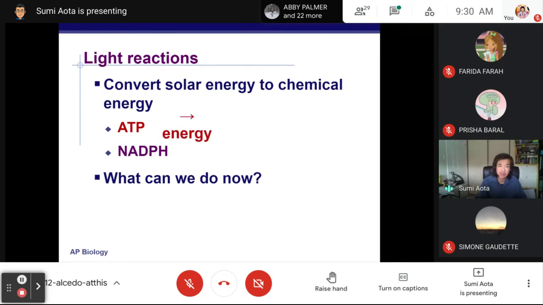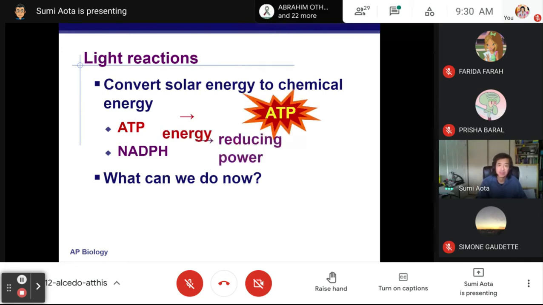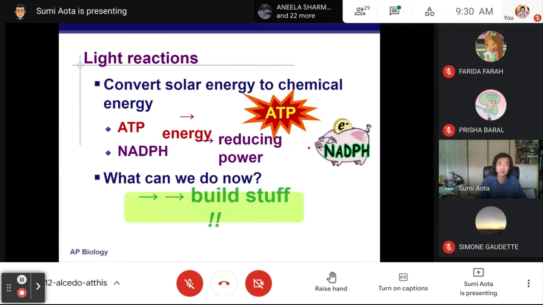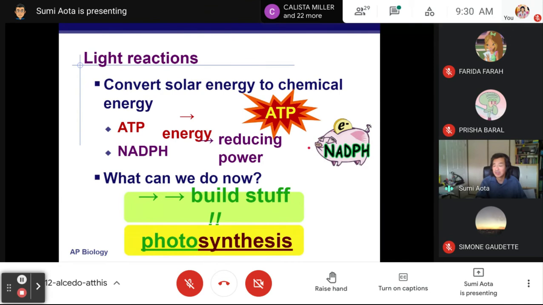Well, that's basically energy and reducing power, right? So now we can build stuff. So this is the synthesis part of photosynthesis, okay? Because we can use these two to drive synthesis reactions, right? Condensation reactions.